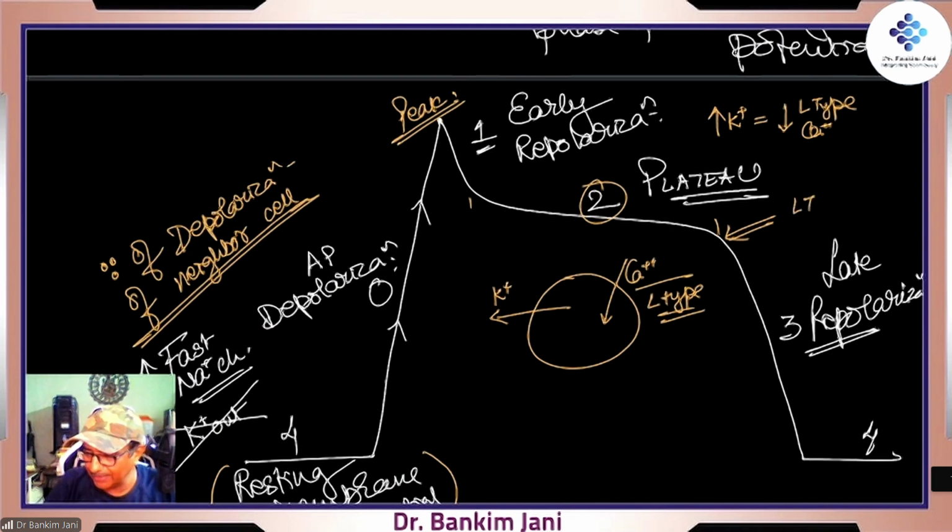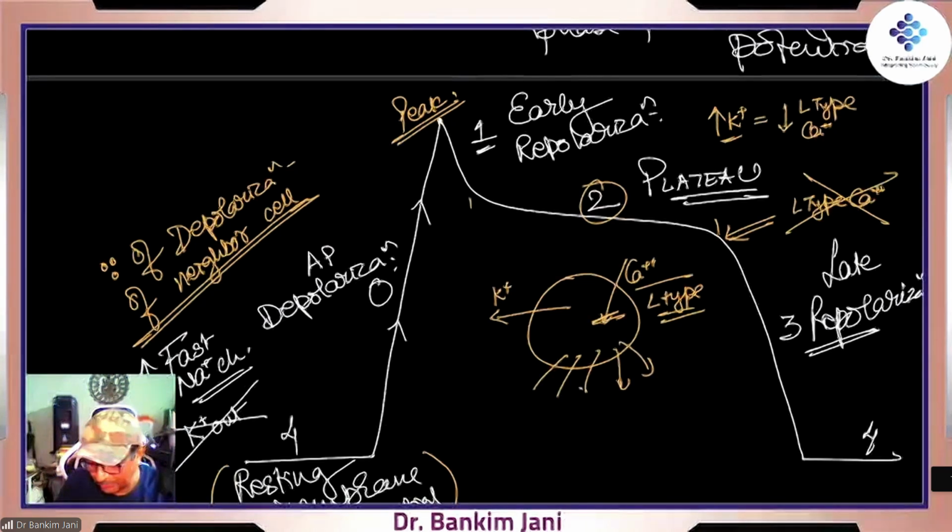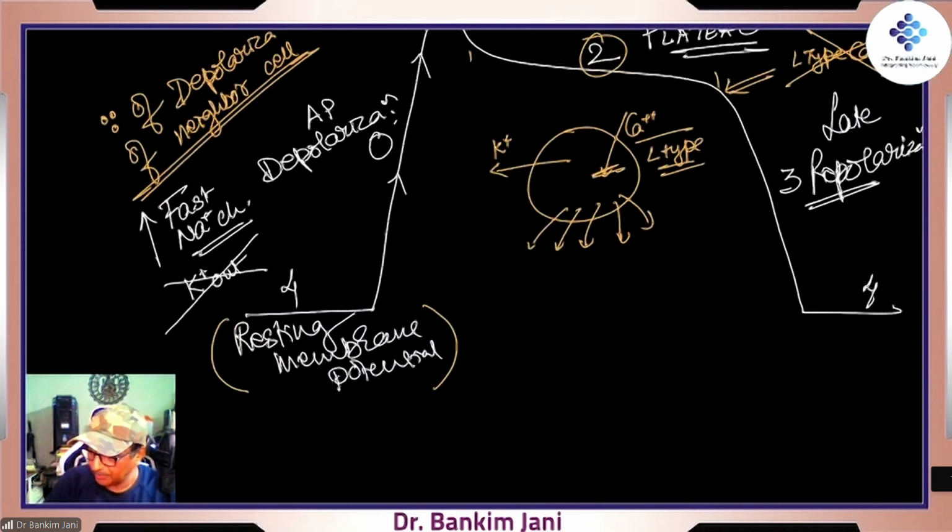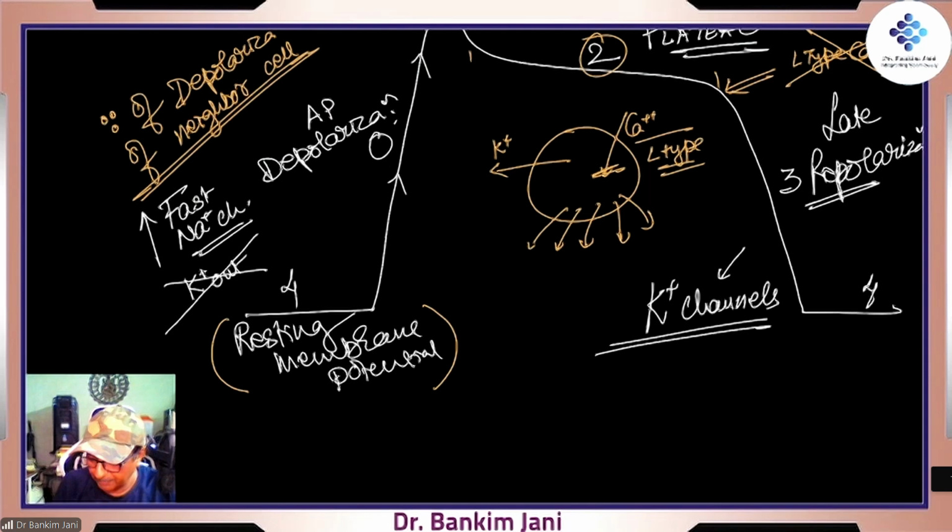And from here, at this junction, you must have guessed, this L-type calcium stops. The moment it stops, now it is the potassium alone. So now potassium will start pumping out, and immediately the whole thing will start dropping and will come down. So here, potassium channels open.